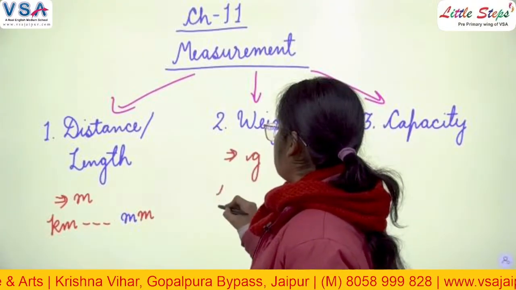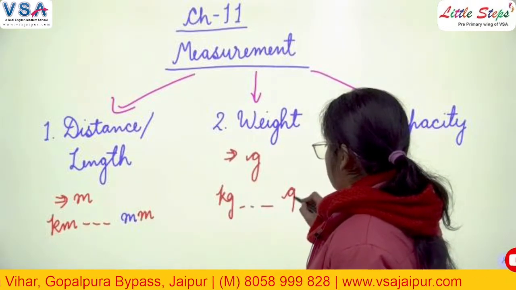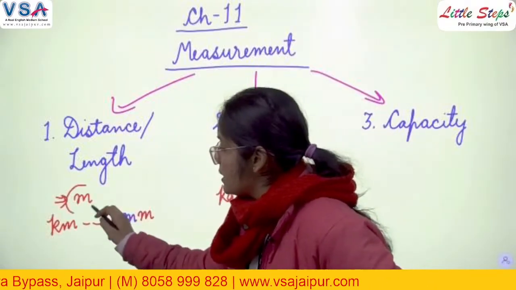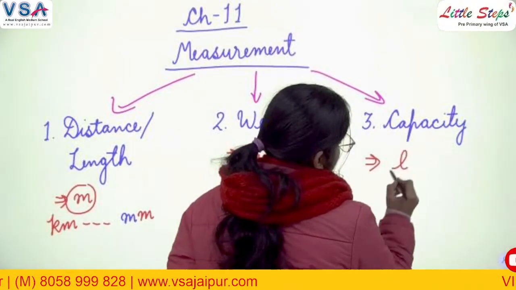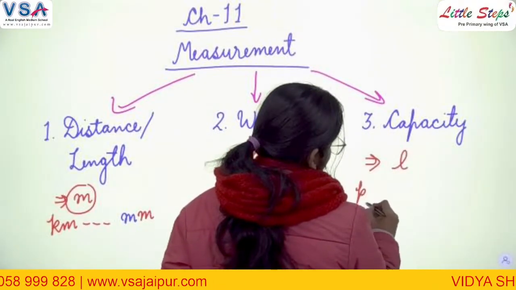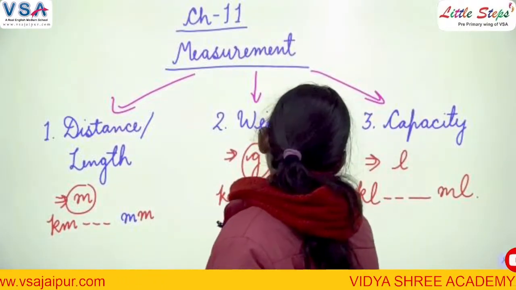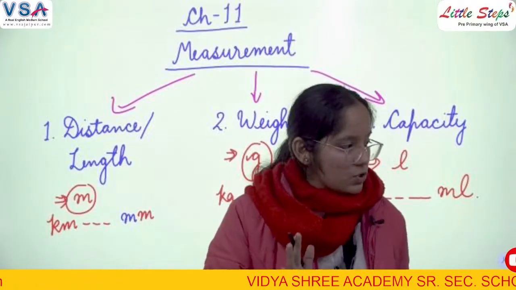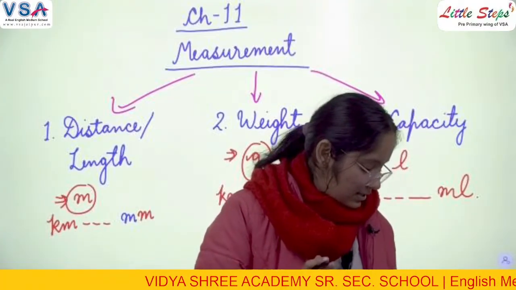We move from kilogram to milligram. The basic unit is gram, and here the basic unit is meter. When we talk about capacity, the basic unit is liter, and we move from kiloliter to milliliter. So this is the summarization of the things we have studied in chapter 11, that is measurement.